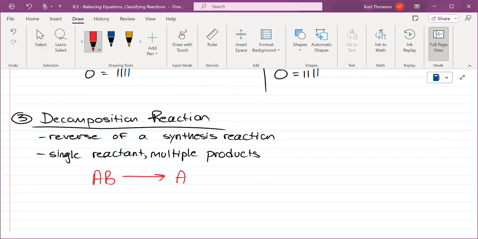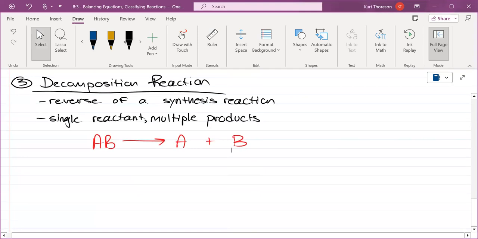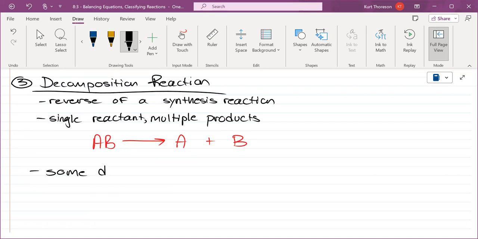This would be AB yields A plus B. You got one reactant, multiple products.